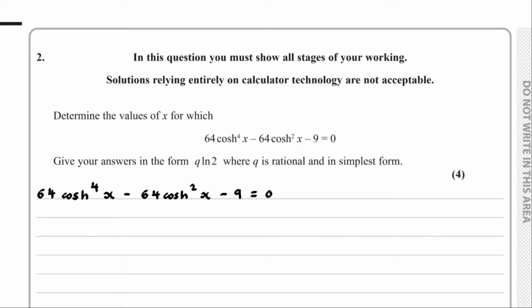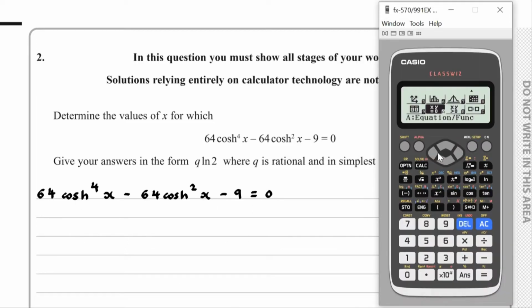Here we have a hidden quadratic. So if we go to the equation slash function submenu, we can solve this hidden quadratic. We have 64, minus 64, minus 9. We get solutions of 9 over 8 and minus 1/8.